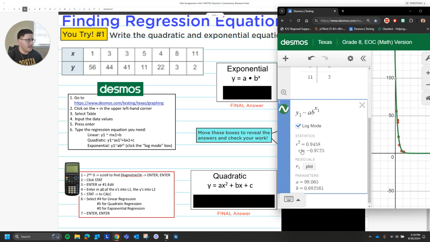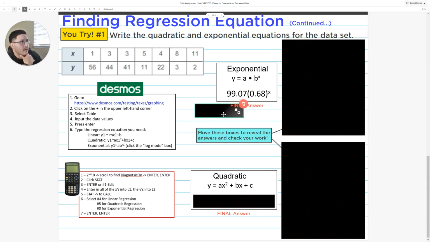Click log mode, and then our A will be 99.07, and then B will be 0.68. So again, 99.07, and then parentheses 0.68. And then you can see the little X in the exponent right there. There's our exponential regression line.